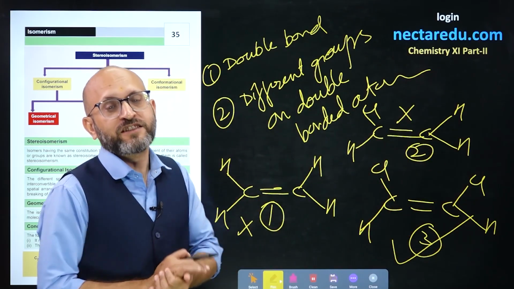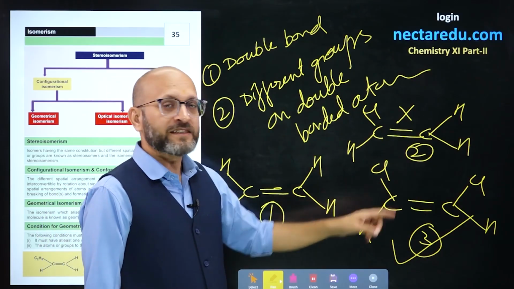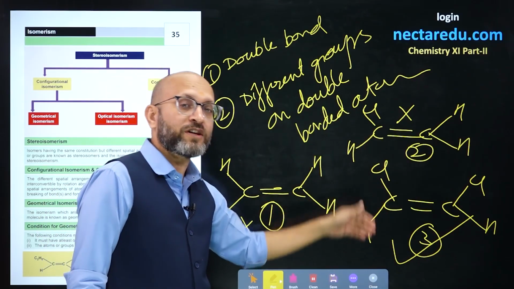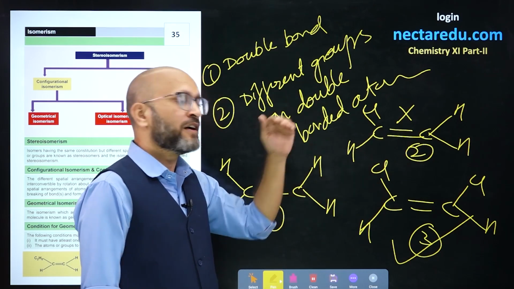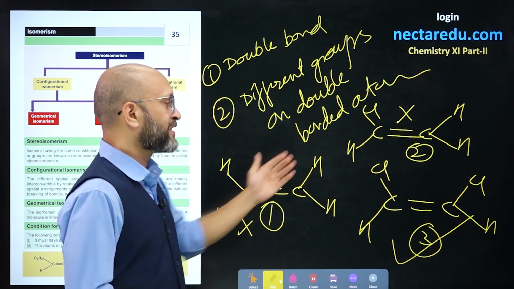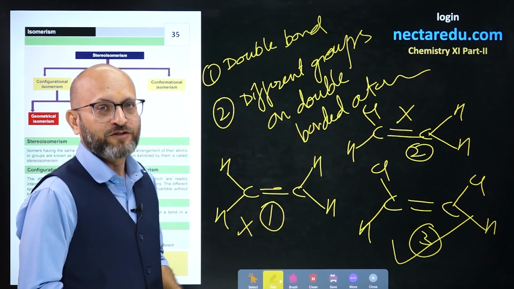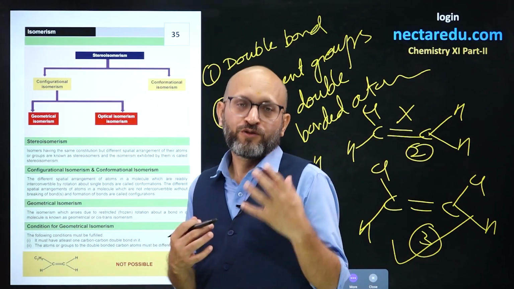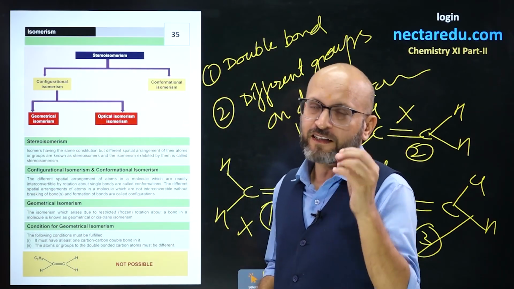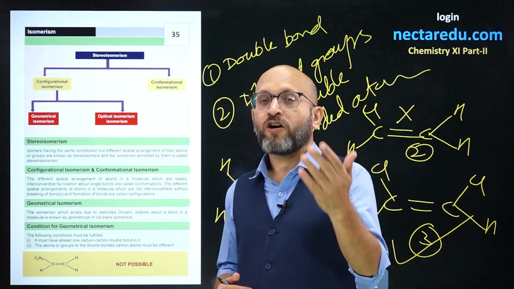So both conditions are met here. So the third shows geometrical isomerism, whereas the first and second do not. This is how you figure out whether a certain compound will show geometrical isomerism or not.